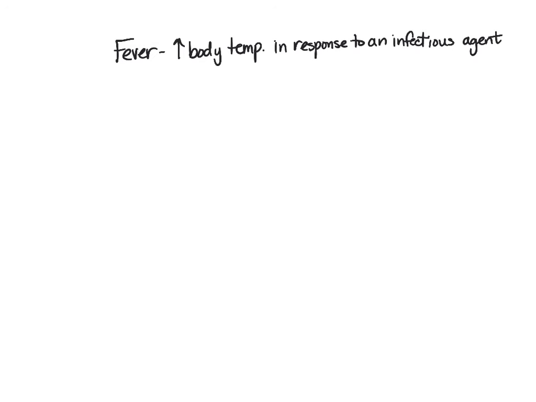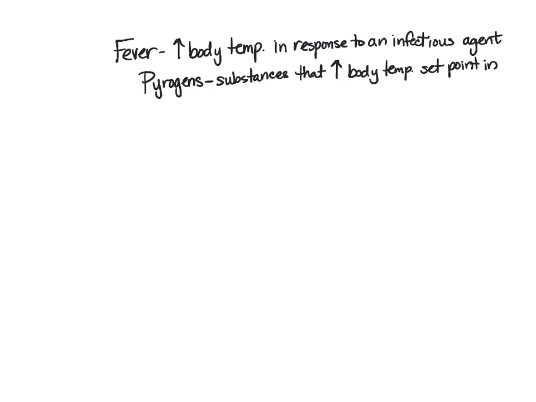And the way this works is the cells that are near this injury site, for example, or where a debris has gotten in, where bacteria is in, where a virus is in, these are going to release things called pyrogens. So pyrogens are substances that cause the hypothalamus temperature set point to be increased. So substances that increase the body temperature set point in the hypothalamus.